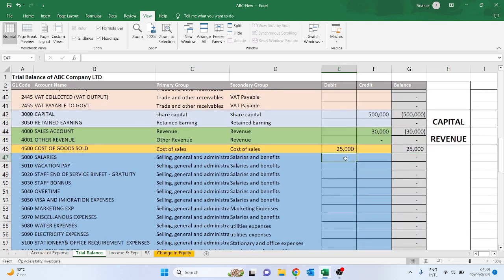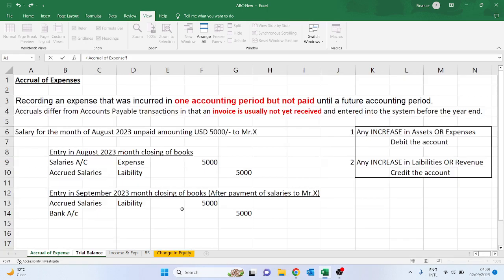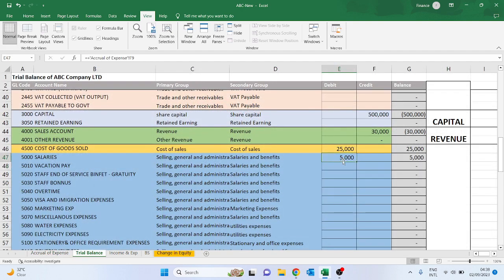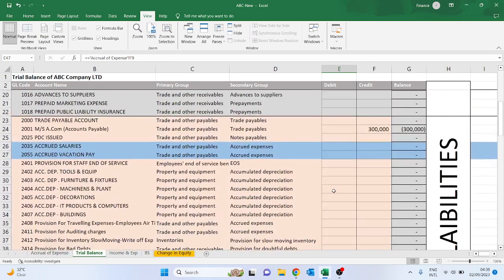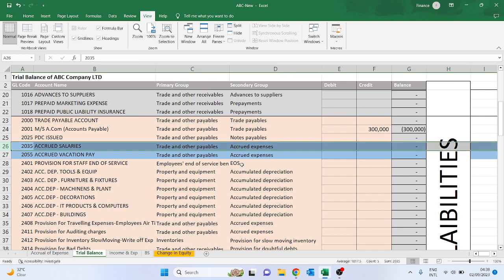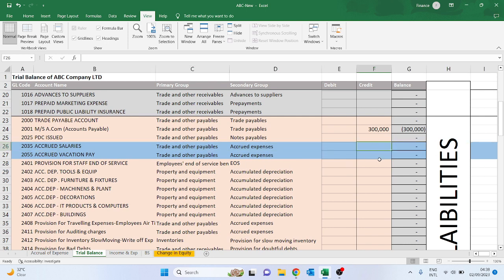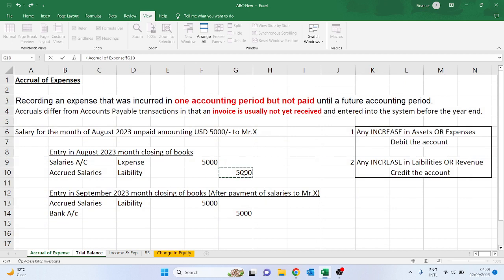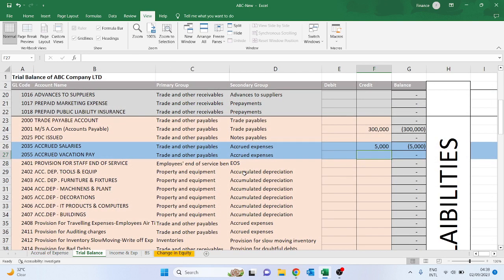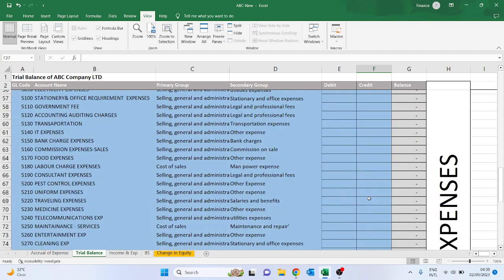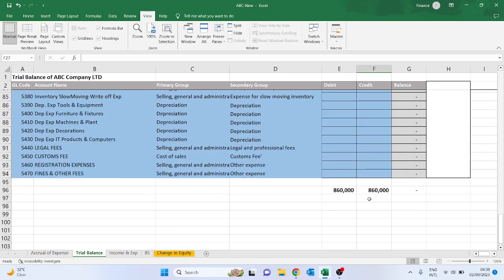It is debited with 5000 and credit the accrued salaries, credit with 5000. So this is at the end of August, 31st of August. This is how your trial balance looks.